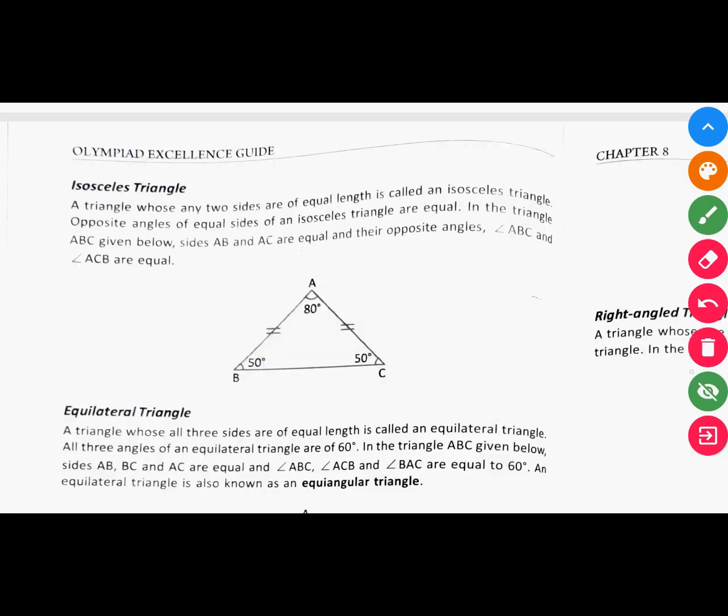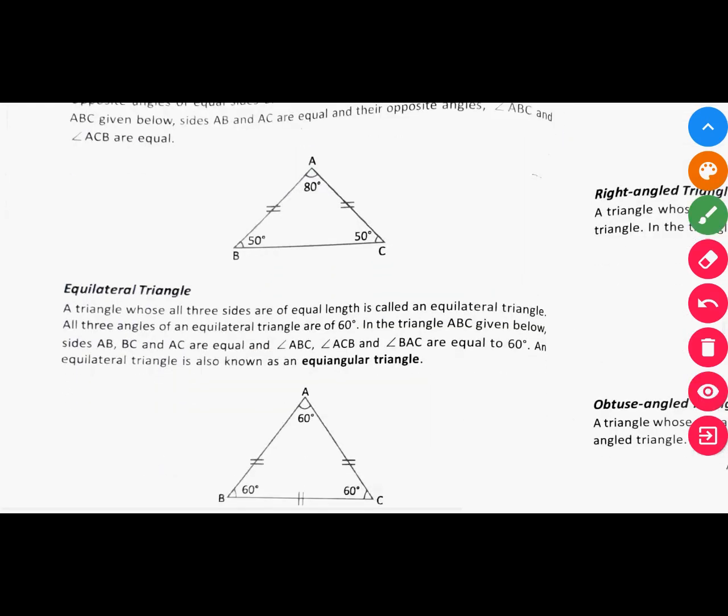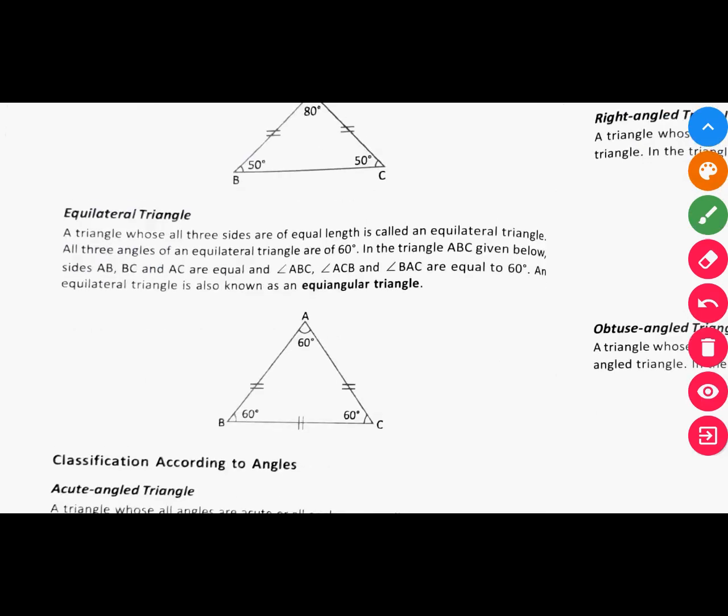Now equilateral triangle, equi means same. An equilateral triangle has all three sides of equal length. All three angles are of equal degree. Okay, known as equilateral triangle.